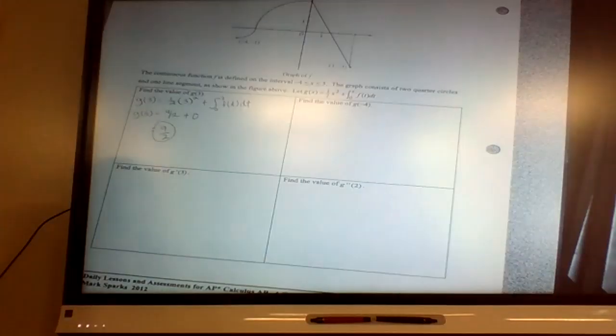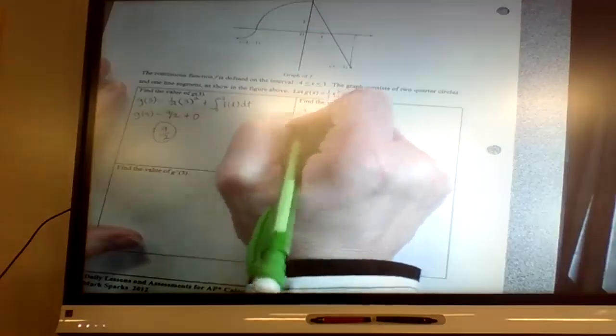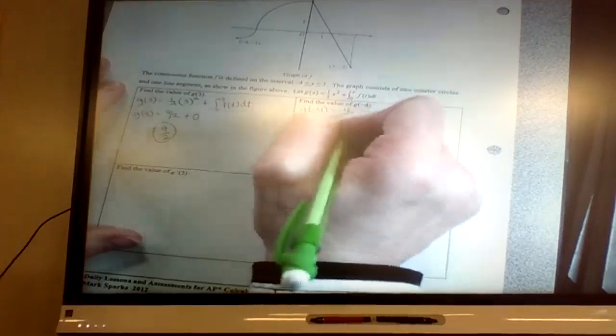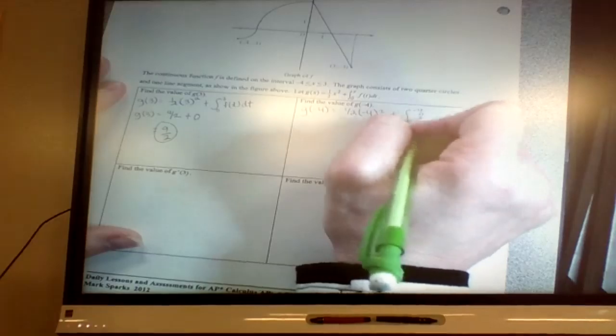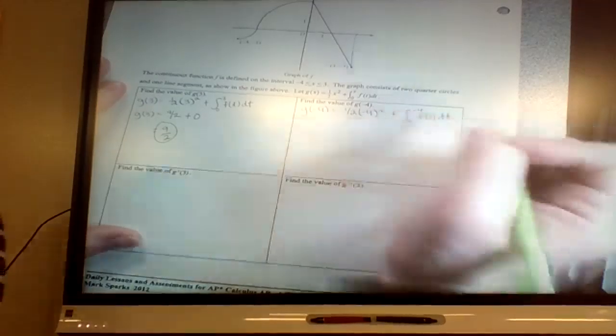I think you can set it up. All right, is this your setup right here?